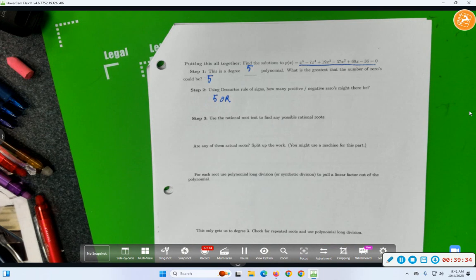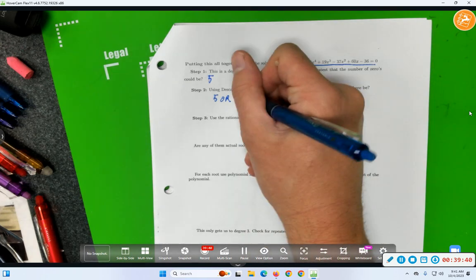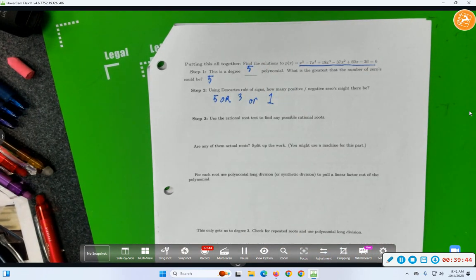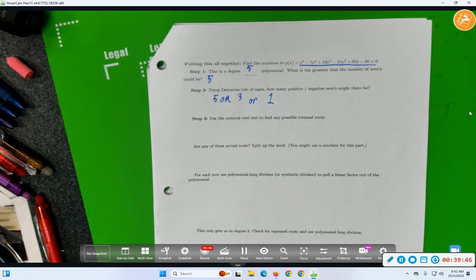It could also be 5 minus an even integer, so 5 or 3 or 1. So what does that tell us? That tells us that maybe there's only one positive solution. If I find a second positive solution, I know there has to be a third. If I can find 4 positive solutions, I know there has to be a fifth.